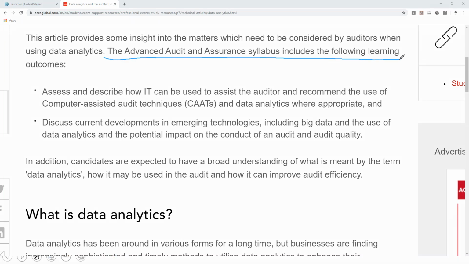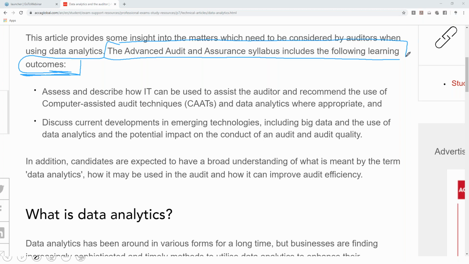Let's see what are the learning outcomes you should have from this syllabus area. Again, just mentioning one thing finally, this article was published in August 2019. It was not examined in September exams, so it will have a carry forward effect to December exams, right?